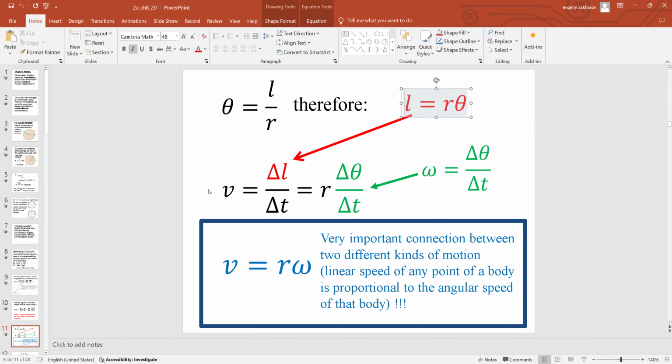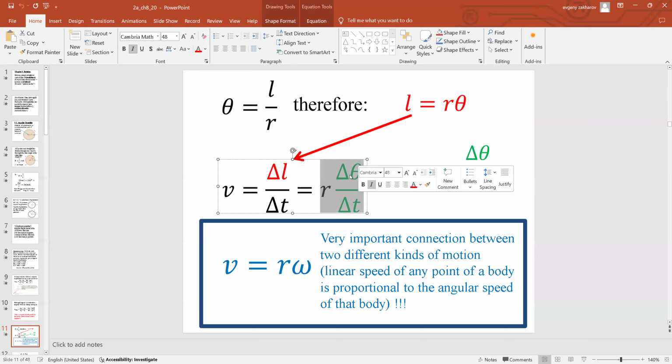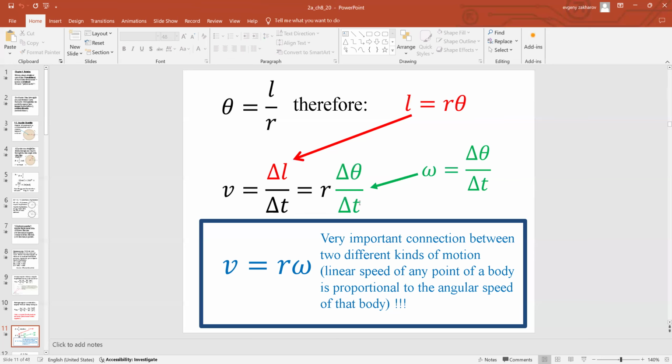And then you can substitute your connection between linear and angular parameters into the definition of linear velocity. And you will see that with delta L being r theta, so r delta theta, radius stays constant, you get to the formula where the linear velocity is the radius times delta theta with respect to time.